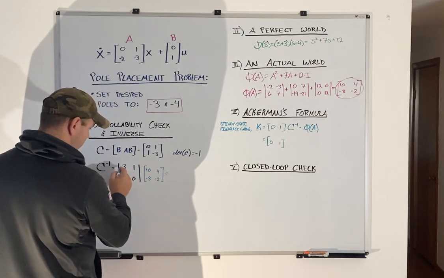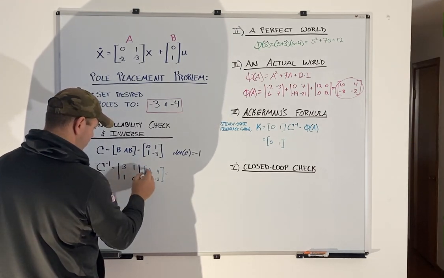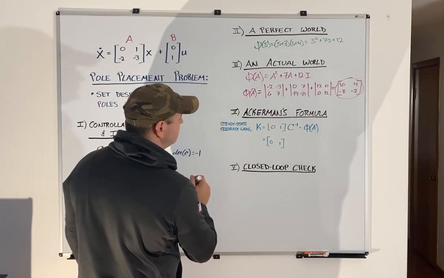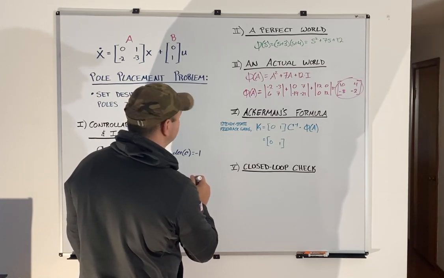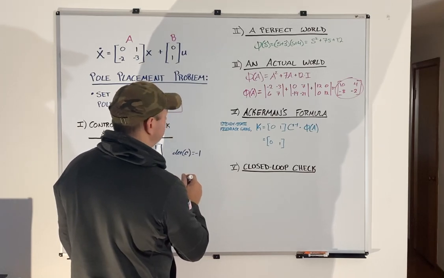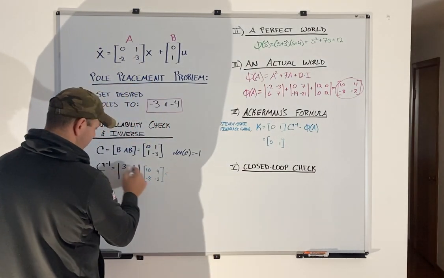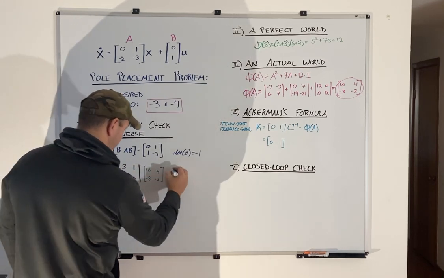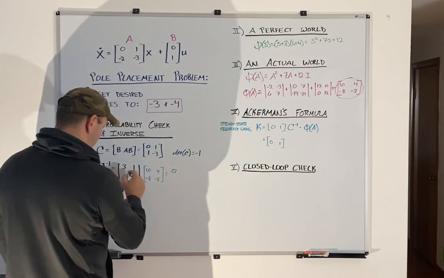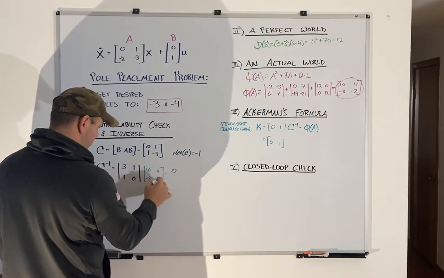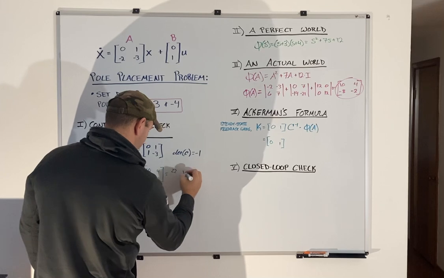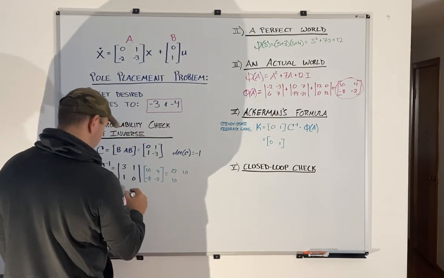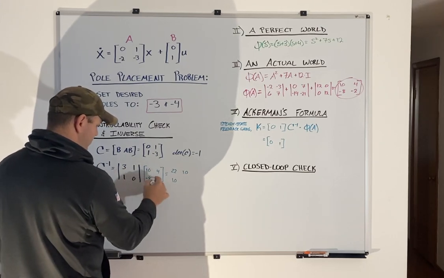Multiplying out, we get 30 plus -8 is 22, 12 minus 2 is 10, 10, and 4.